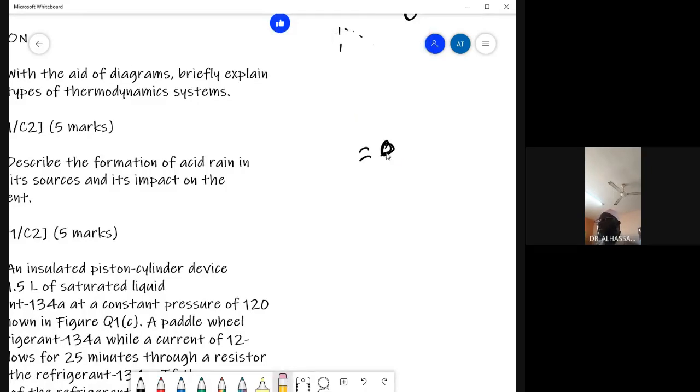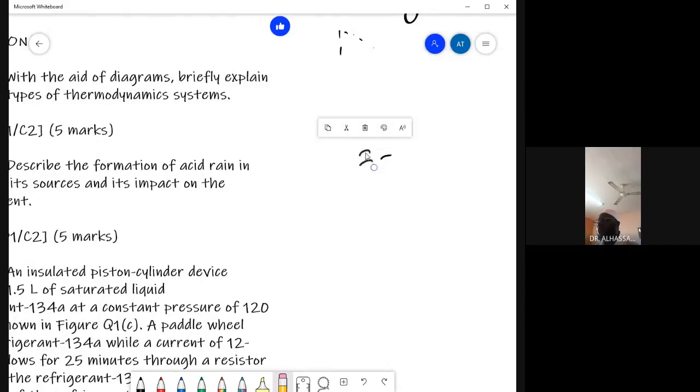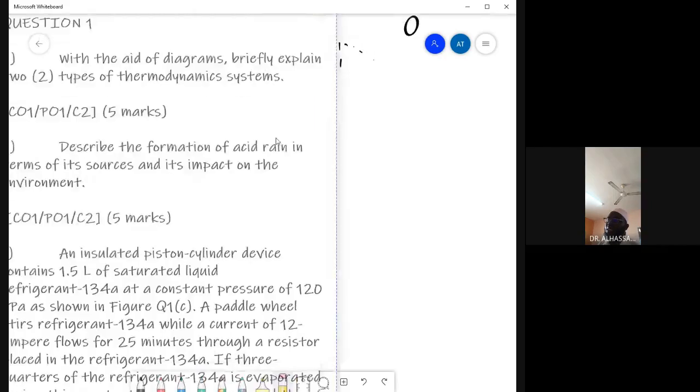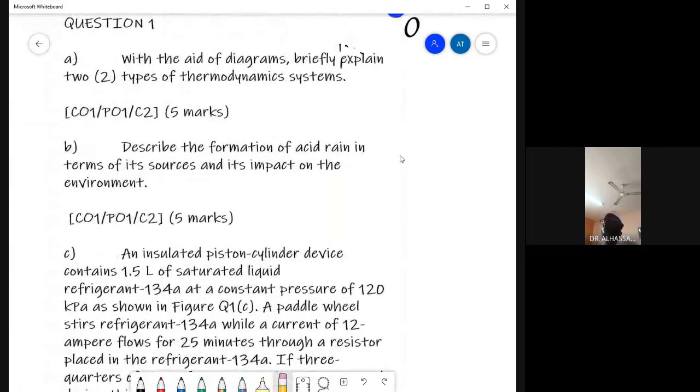One of the basic causes of acid rain is the formation of ozone depleting substances such as carbon dioxide, SO2. So now I'm considering this particular question, the B part. There are certain substances such as carbon dioxide, SO2, NOx, NO2, or whatever it is.